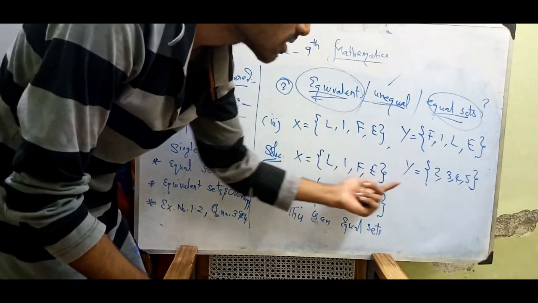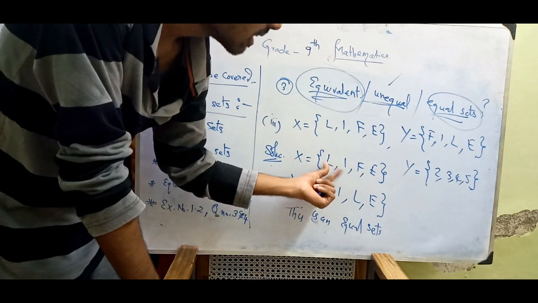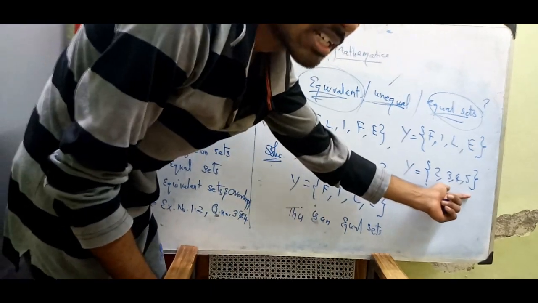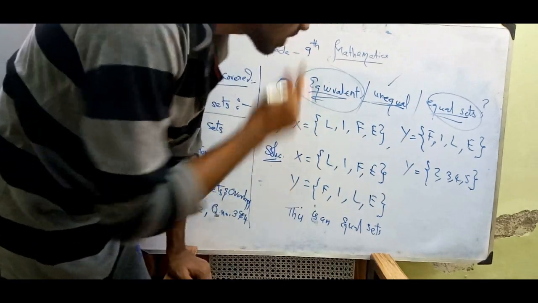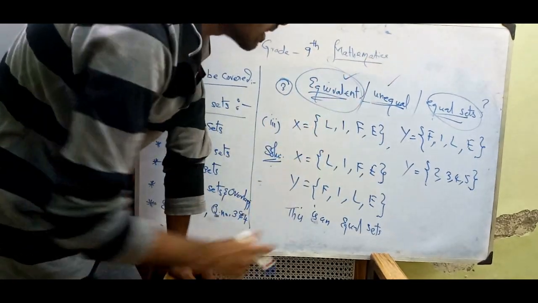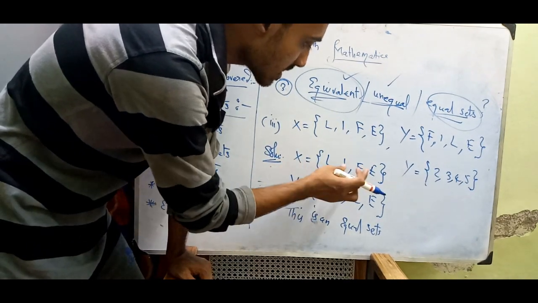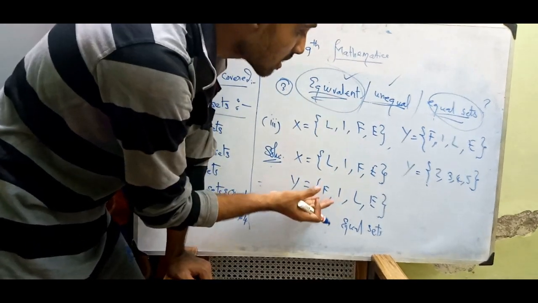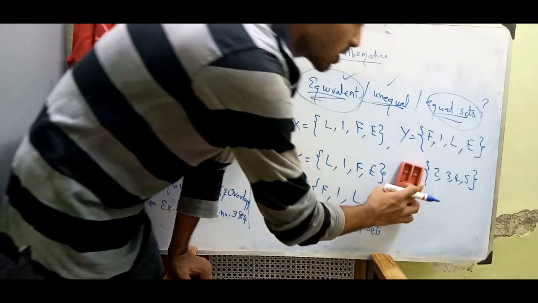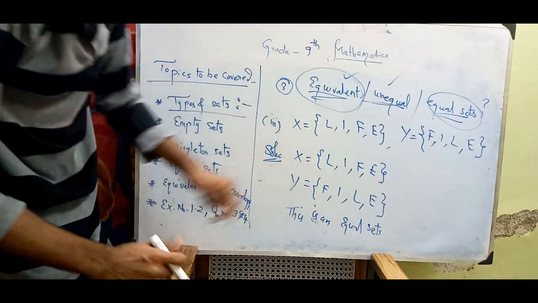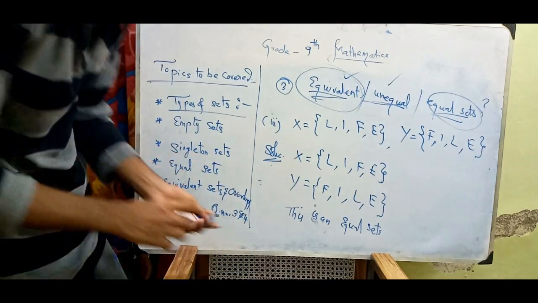If it obeys this, then only the number of elements should be the same in Y, and then we apply the equivalent set. But in an equal set, we only check that the elements present in X are present in Y also, not like in an equivalent set. So these kinds of sets are called equal sets.